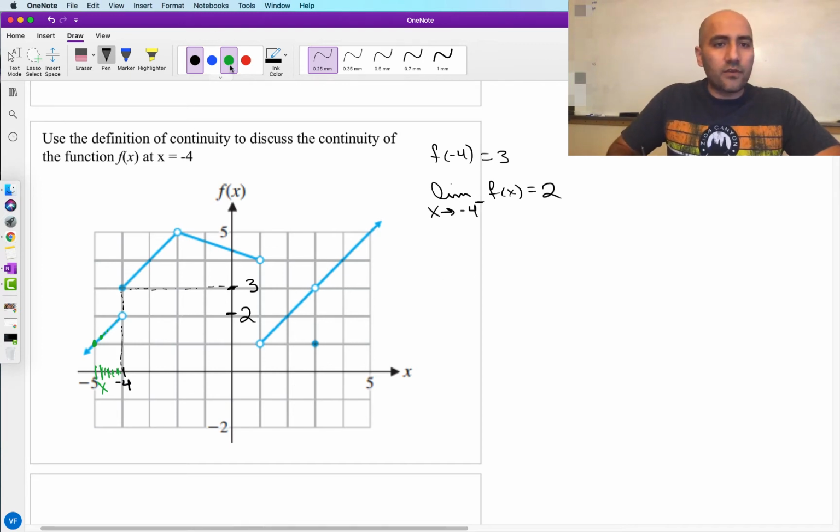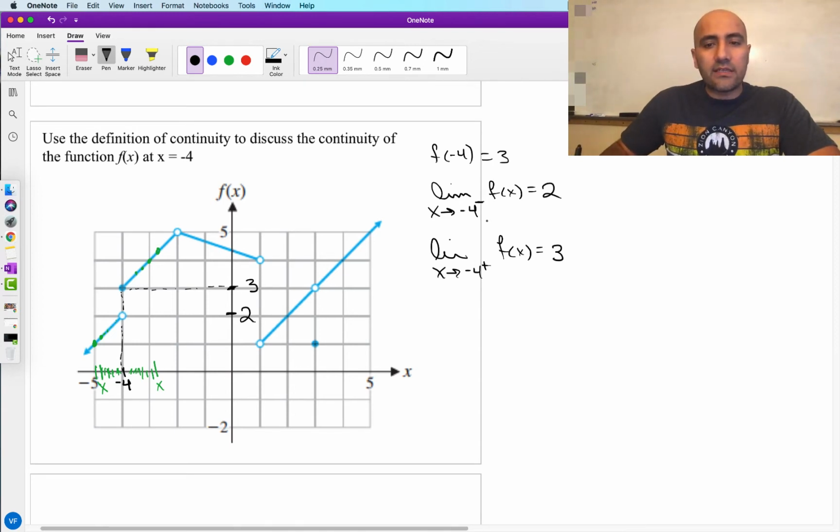What about the other direction? So if we choose a value of x, say like over here, here's x, and I go this way and get a little closer and a little closer, the output values are going to steadily but consistently walk toward this value. So as x approaches -4, but always from the right-hand side, then I can conclude that the limit as x approaches -4, but definitely from the right-hand side of f of x, is going to be equal to 3.